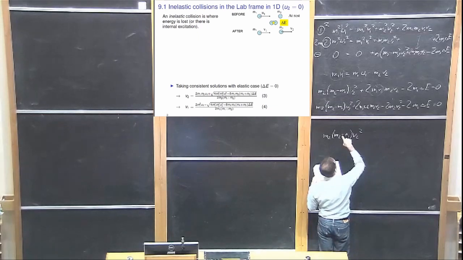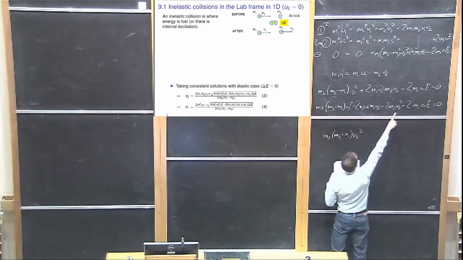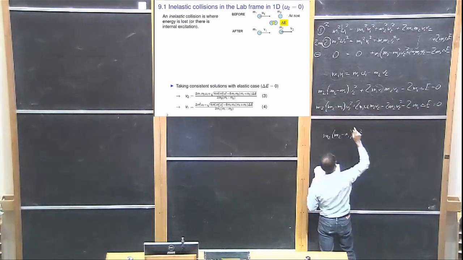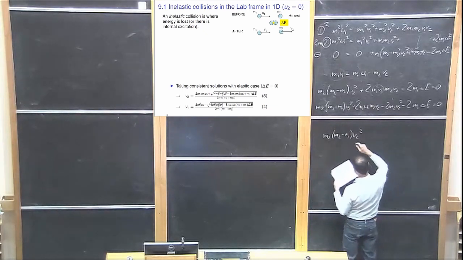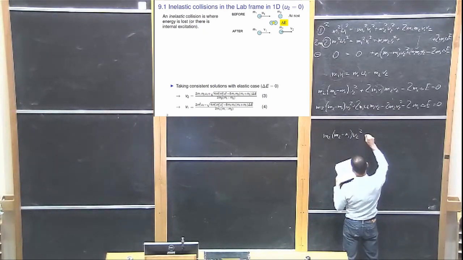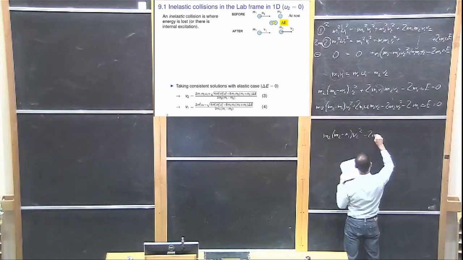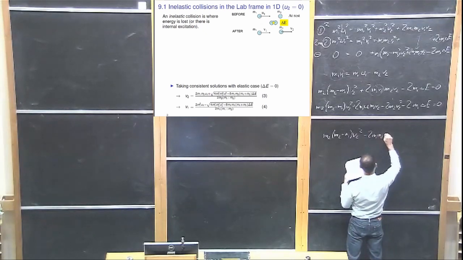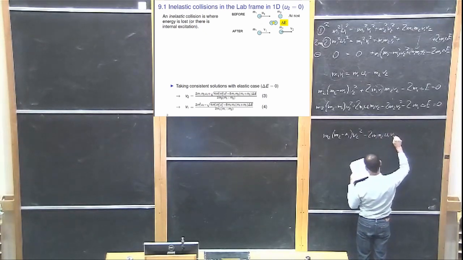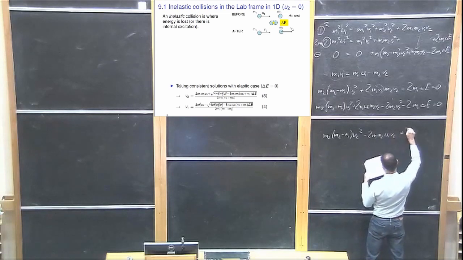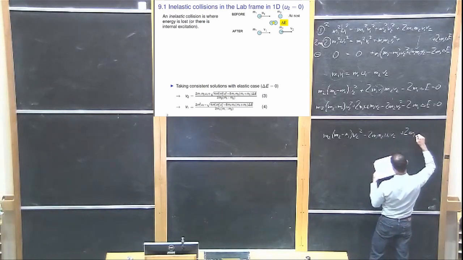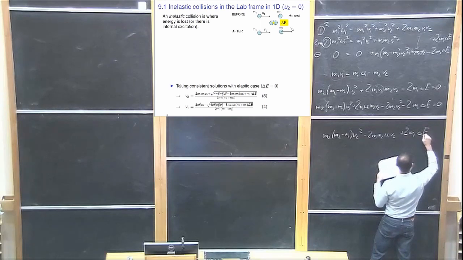So that sign changes because of this term. When you put that over, you get here a plus sign, minus 2 M1 M2 U1 V2 plus 2 M1 delta E equals naught.